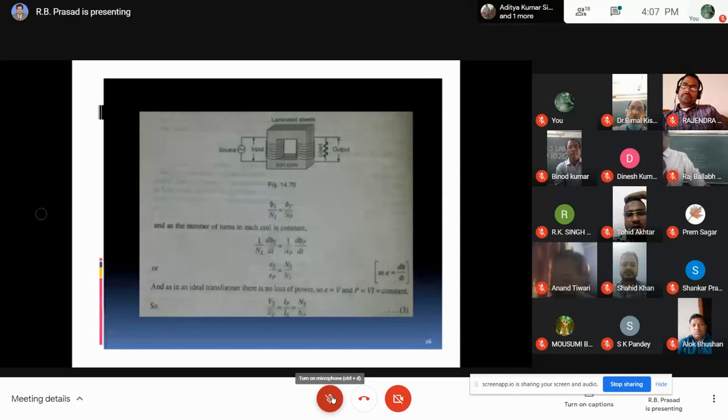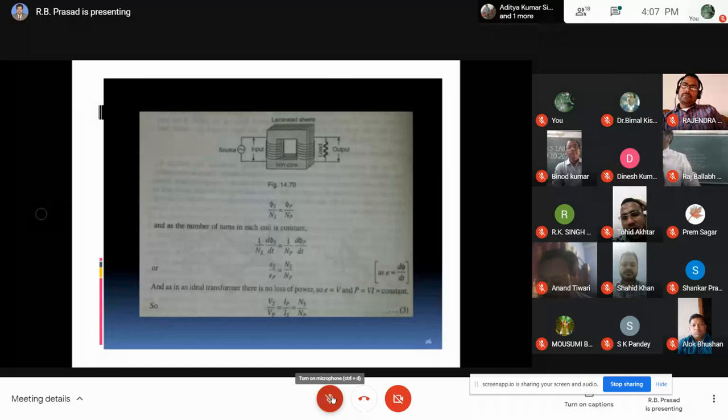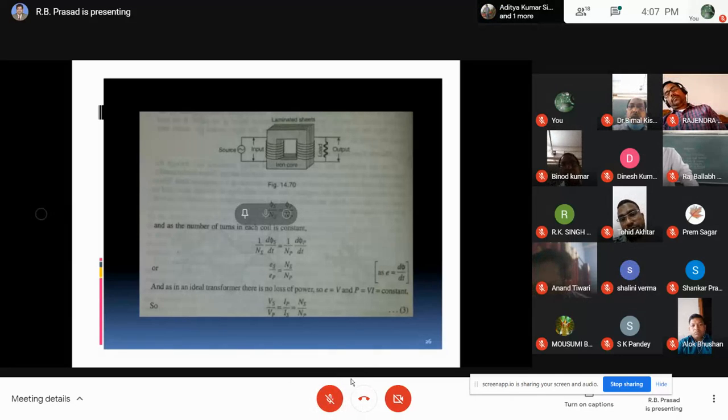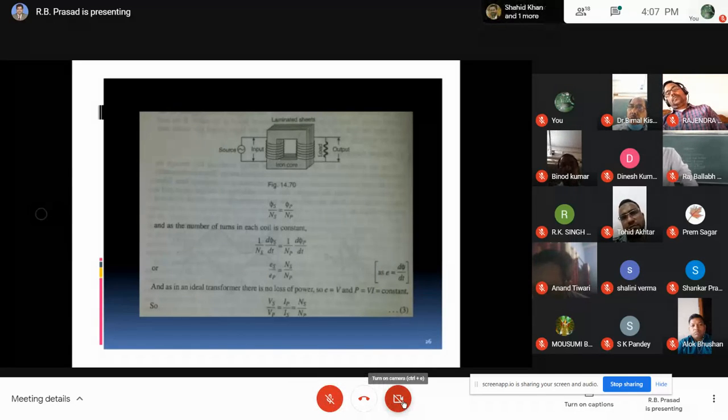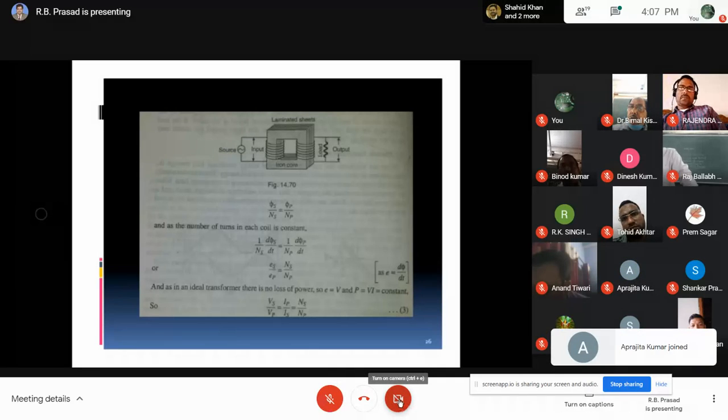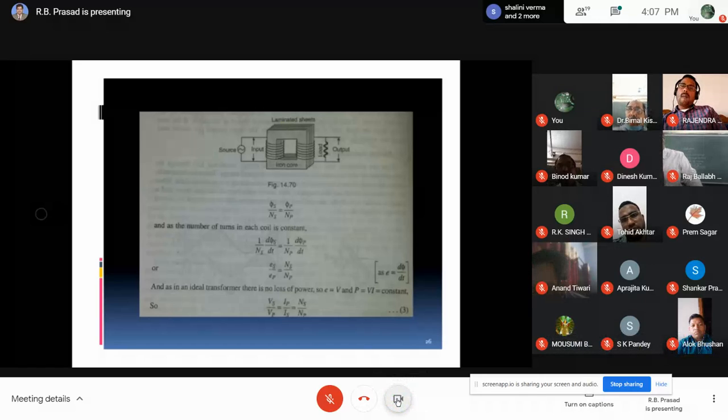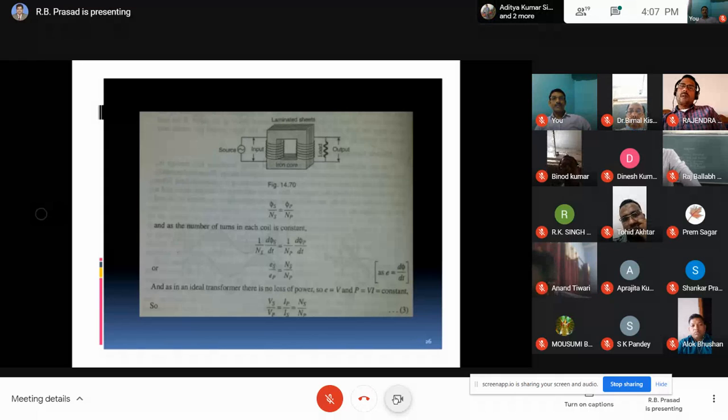According to this, magnetic flux in the secondary divided by number of turns in the secondary is equal to magnetic flux in the primary divided by number of turns in the primary. And as the number of turns in each coil is constant, after differentiating we get 1 by N S d phi S by dt equals 1 by N P d phi P by dt.